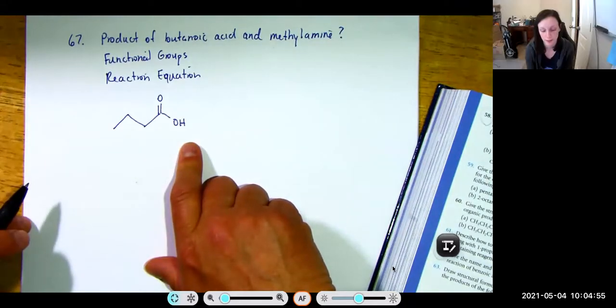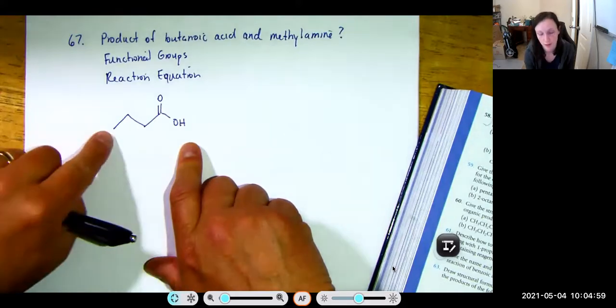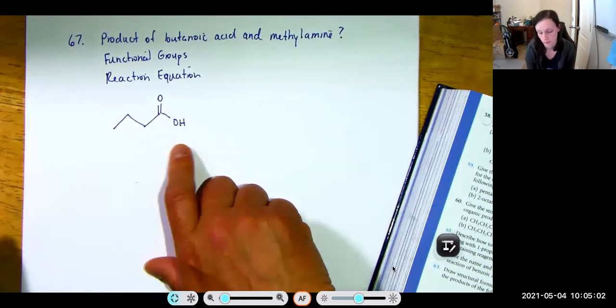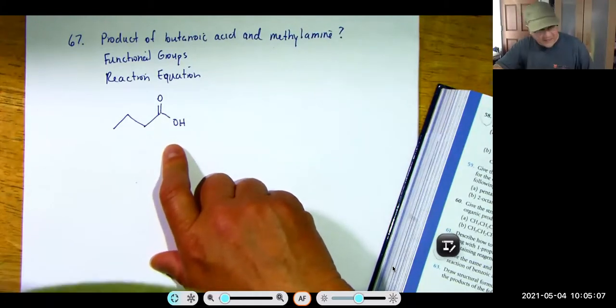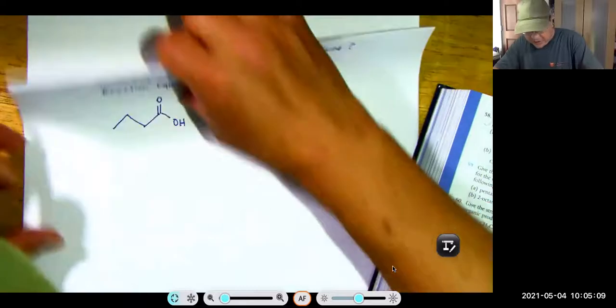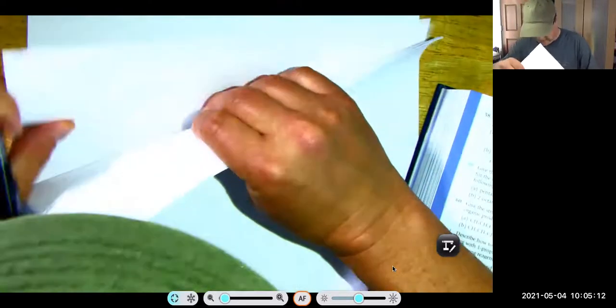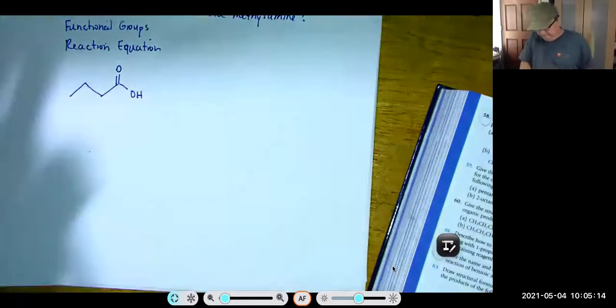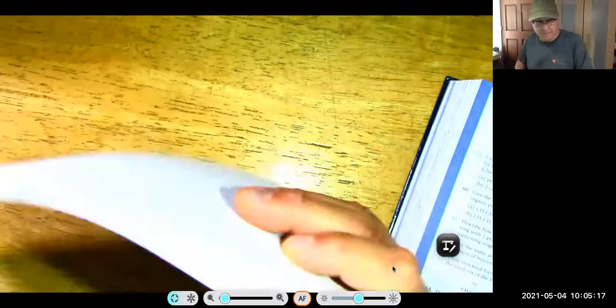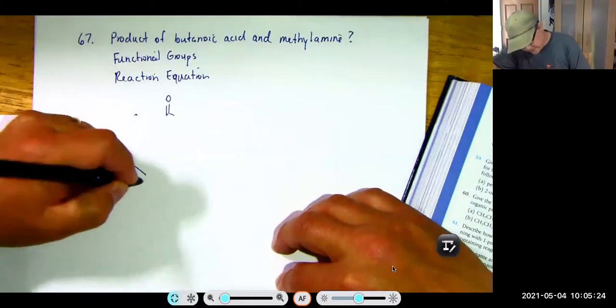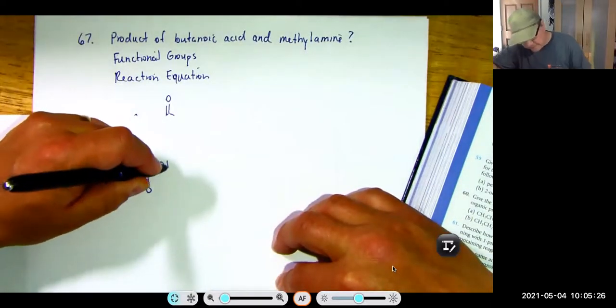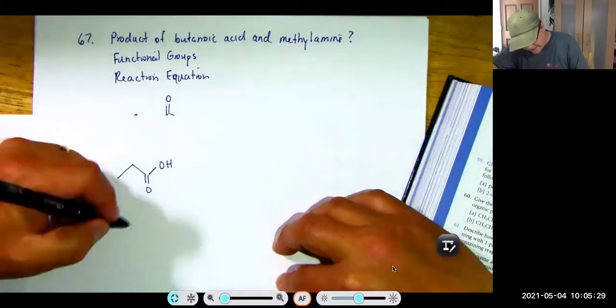So is it okay if I put mine on the carbon 3 and then the OH at the end? No, because then that would be propanoic acid. So I think, and correct me if I'm wrong, you're describing to me something that looks like this, or maybe like this.